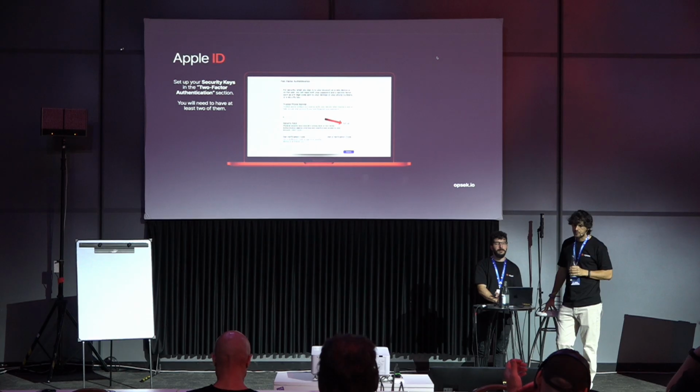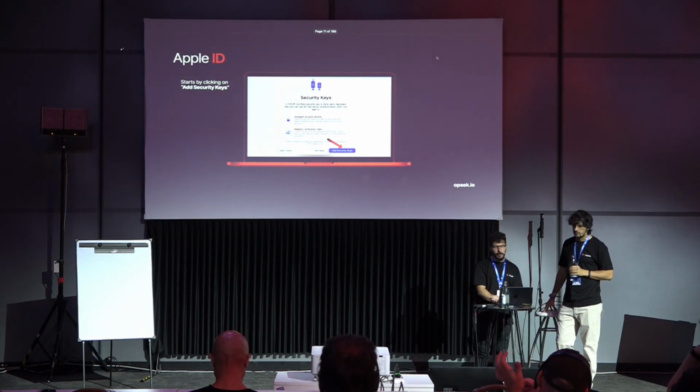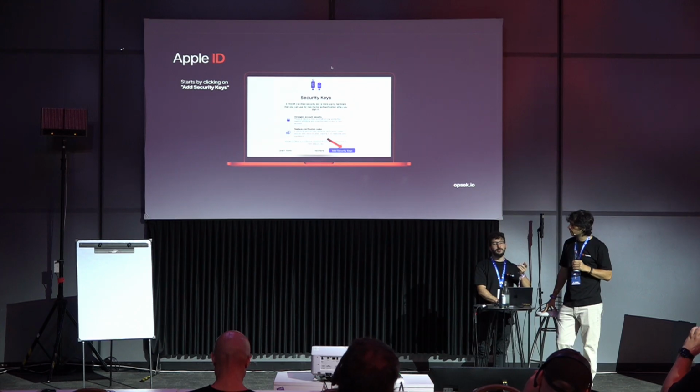They are even more secure than TOTP apps. So on Apple ID, you have the possibility to enforce YubiKeys, and once you configure security keys, you need to remove other methods of second factor.